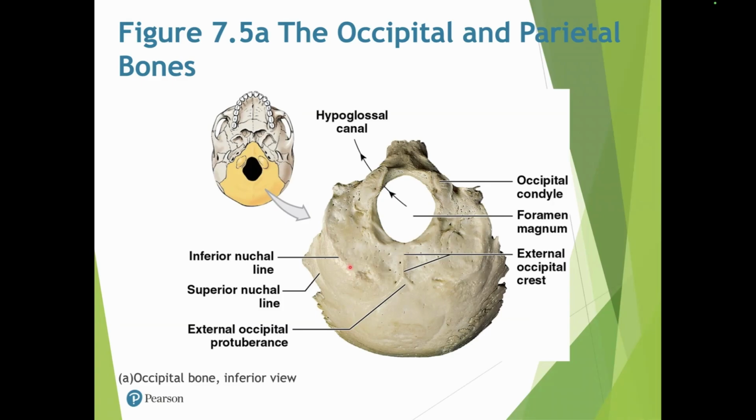So if you were to turn the skull over, you would see that the superior nuchal line is superior in directionality to the inferior one. And right down the middle, that is your external occipital protuberance, and the external occipital crest is what lines down the middle, the protuberance, the crest.